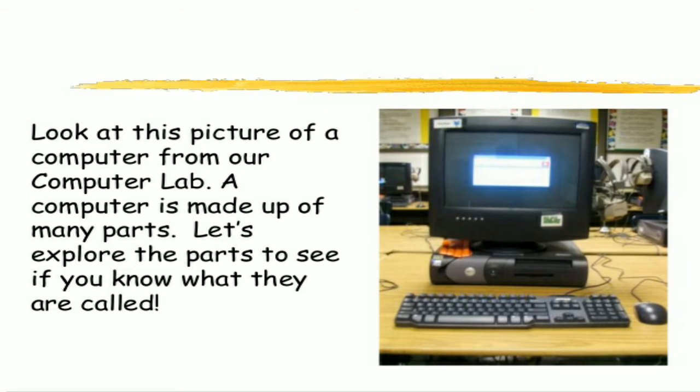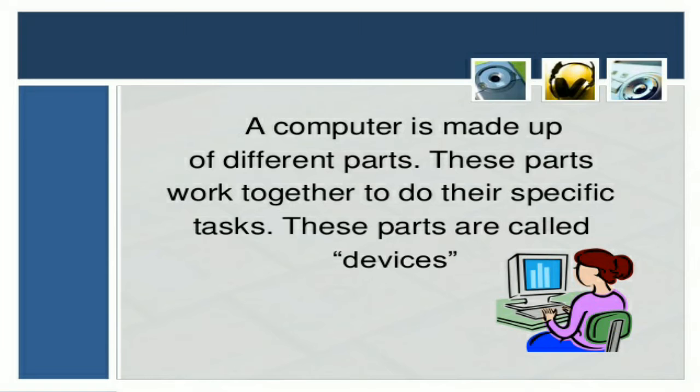Now we are going to learn the different types of computer parts. A computer is made up of different parts, and these parts work together to do their specific tasks.